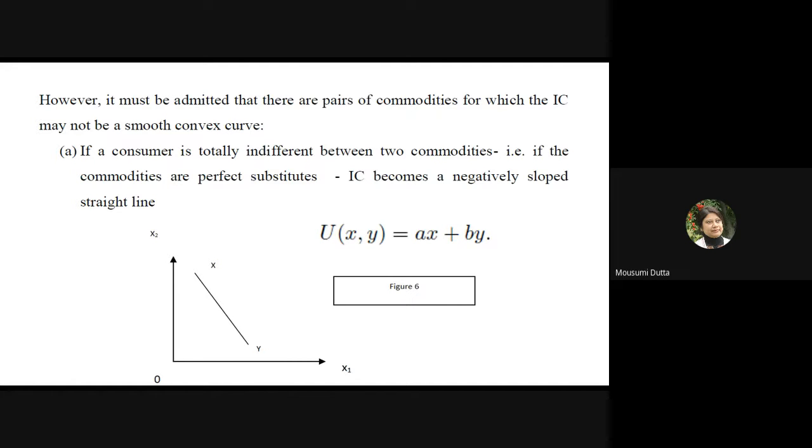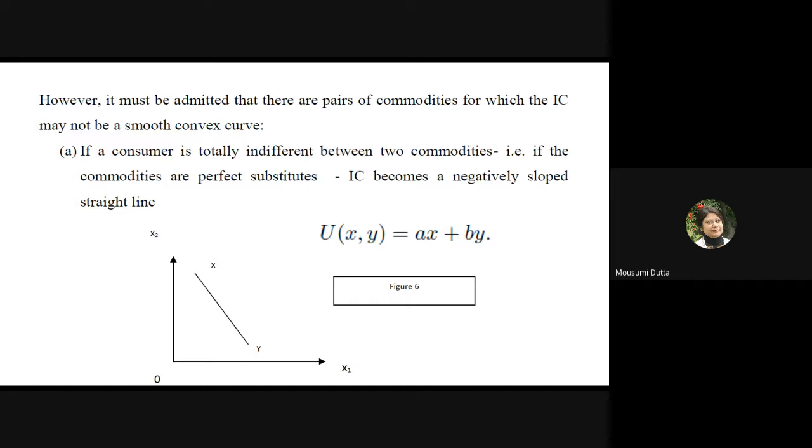It is possible that the indifference curve is not always strictly convex to the origin. So now I am introducing several exceptions when the indifference curve will not be a strictly convex curve.